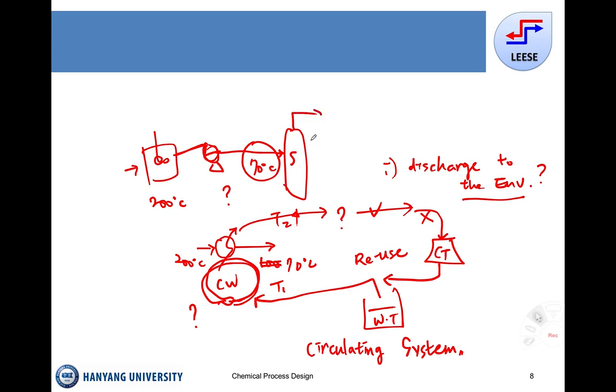Then we are probably not able to have the proper processing. In this case, separation may not occur because 70 degrees C should be met through the cooling water. So if cooling water is not supplied, then the 70 degrees C is not met. So let's say 200 degrees C, then the separator is not working well, okay? So it's more like the efficiency of the production, or more like ensuring feasibility for the production, okay?